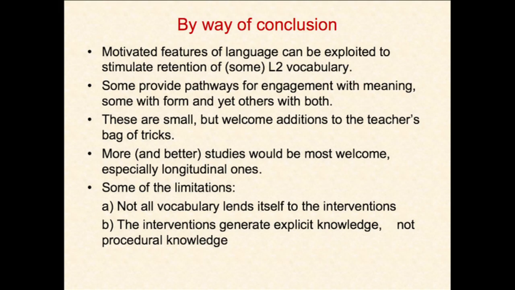So, motivated features of language can be exploited to stimulate retention of at least some vocabulary. Okay. And you have meaning-meaning, form-form, form-meaning engagement. And I agree, these are small additions, but they are welcome additions to your bag of tricks. And I'm sure a lot of you already do these things.